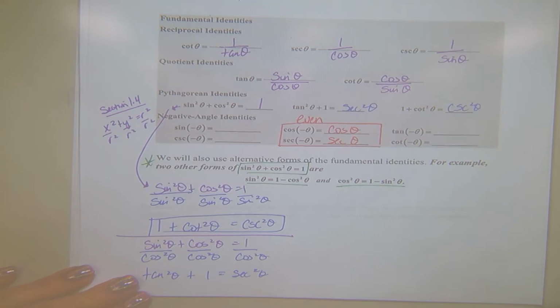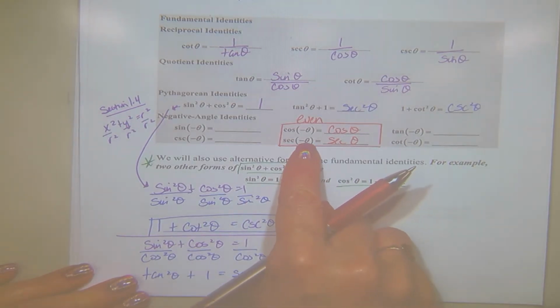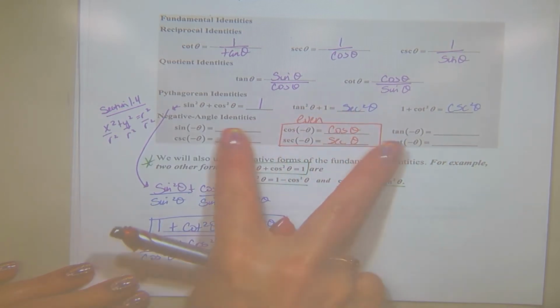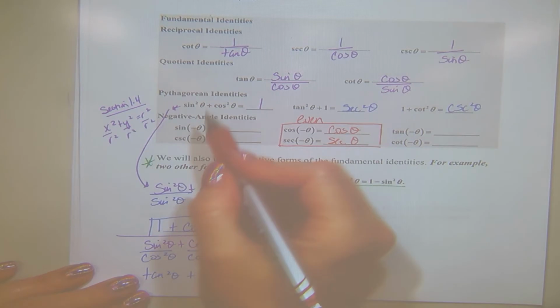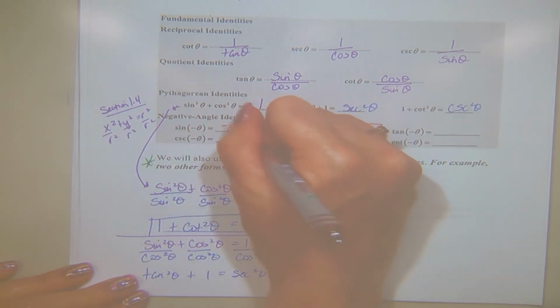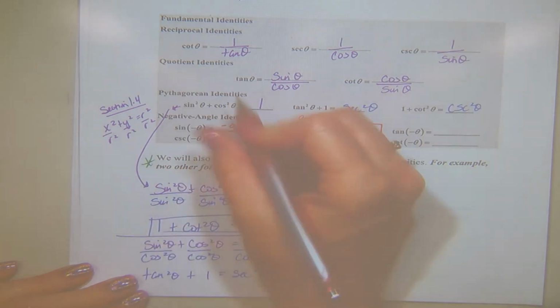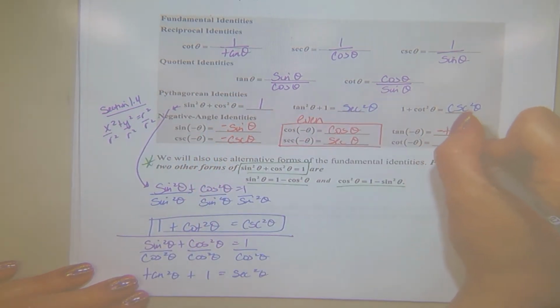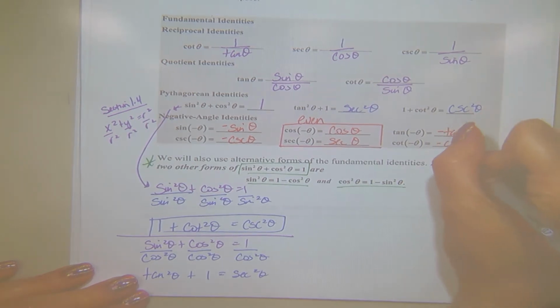I never leave a negative argument. I never leave a negative here. So I have to deal with it by either saying, oh, that's an even function, it goes away, or the other four functions are odd functions, which means sine of a negative theta is the same thing as the opposite of sine theta. Cosecant of negative theta is the opposite of cosecant theta, and the same is true for tangent and cotangent.